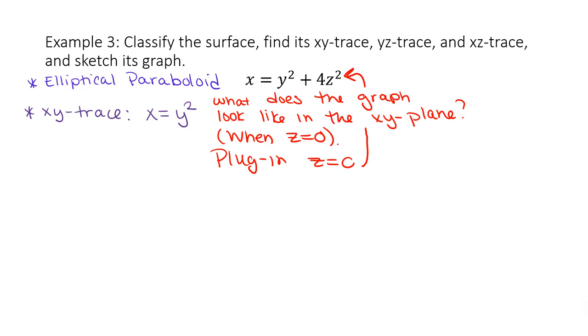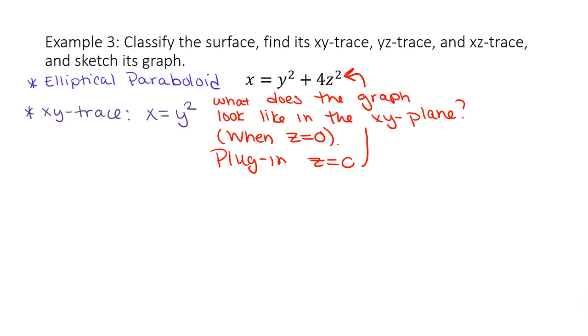To answer this question, we're just going to plug in z equals 0 into the equation. And that's going to give us what this graph looks like in the xy plane. So when z equals 0, we're just left with x equals y squared. So we're just left with a parabola. In the xy plane, it looks like a parabola with a y squared.